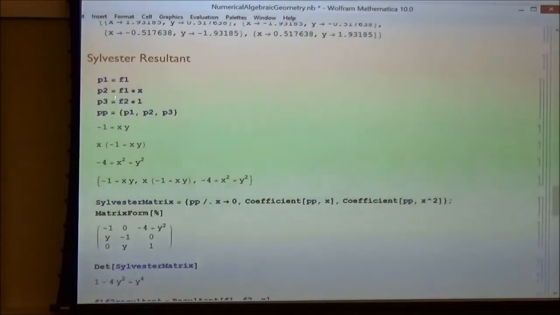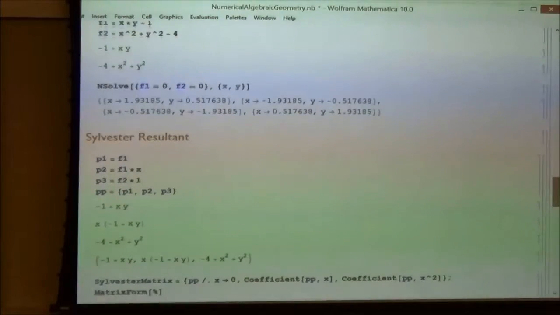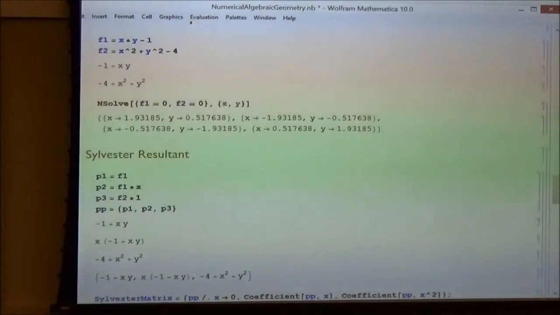I have two equations, and one of the equations is linear in the variable y. So you multiply the first one by 1, and the second one by F1 times X, and then you get 3 polynomials. Actually, for this case, you only get one extra polynomial, which is P2, by multiplying F1 by X.